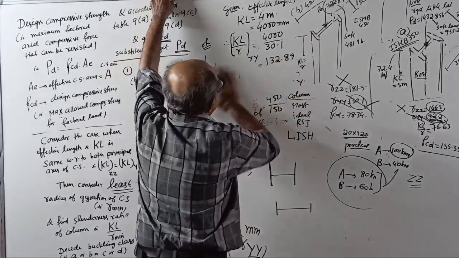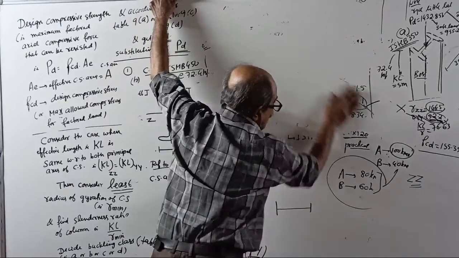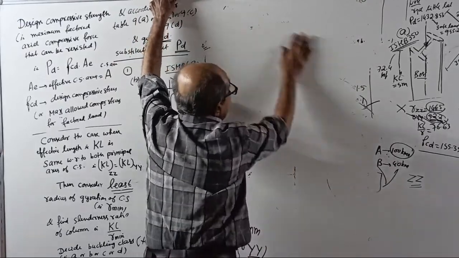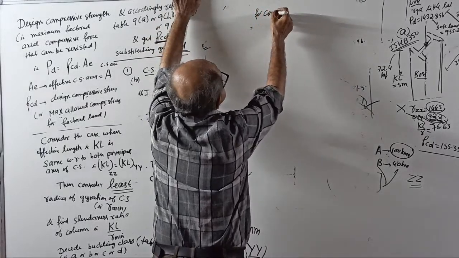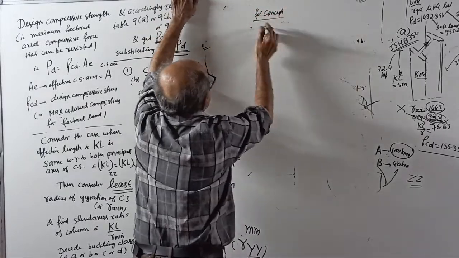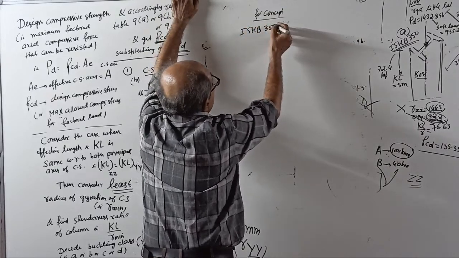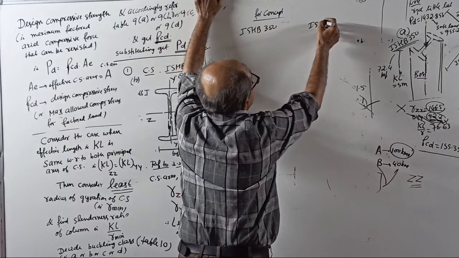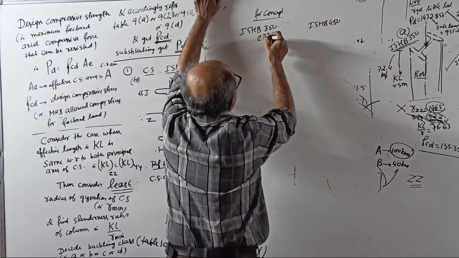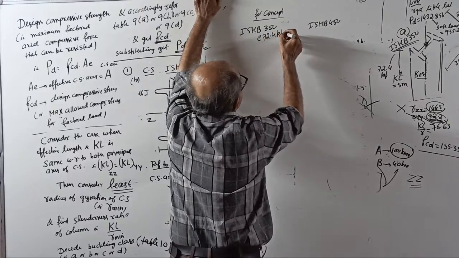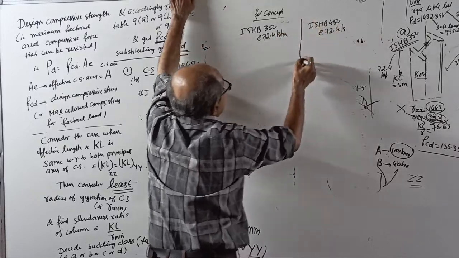Because later there is no time, I will tell you one small important concept today, only for concept. One of them is ISHB 350, the other is ISMB 450, both at 72.4 kilogram per meter.